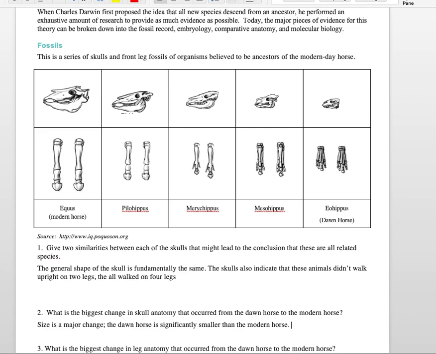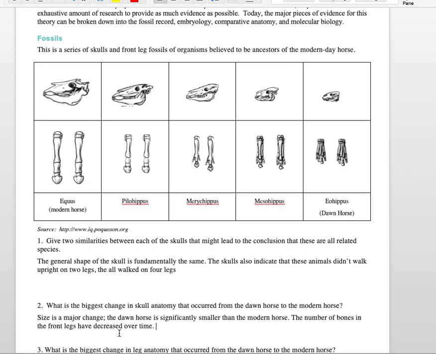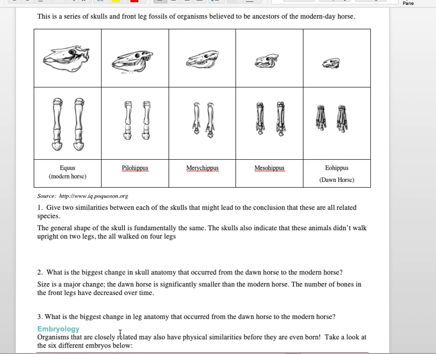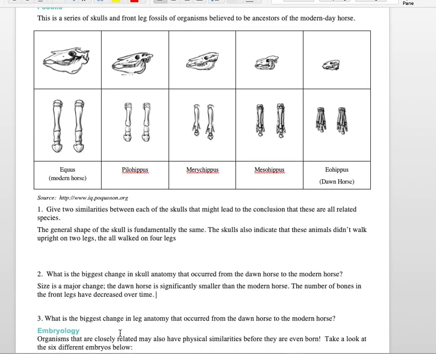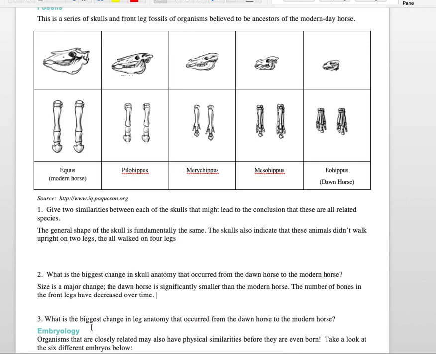You might also note that the number of bones in the front legs have decreased over time. You could add that as a major change. If you have any others, feel free to add that as well. So what is the biggest change in the leg anatomy from the dawn horse to the modern horse?